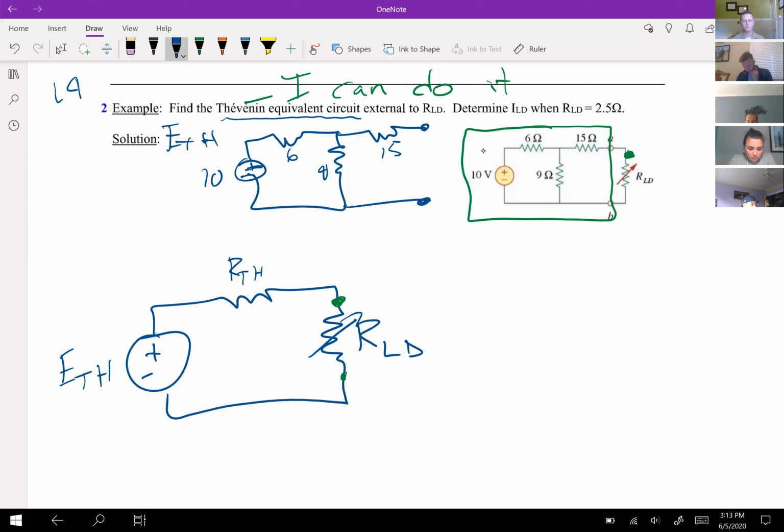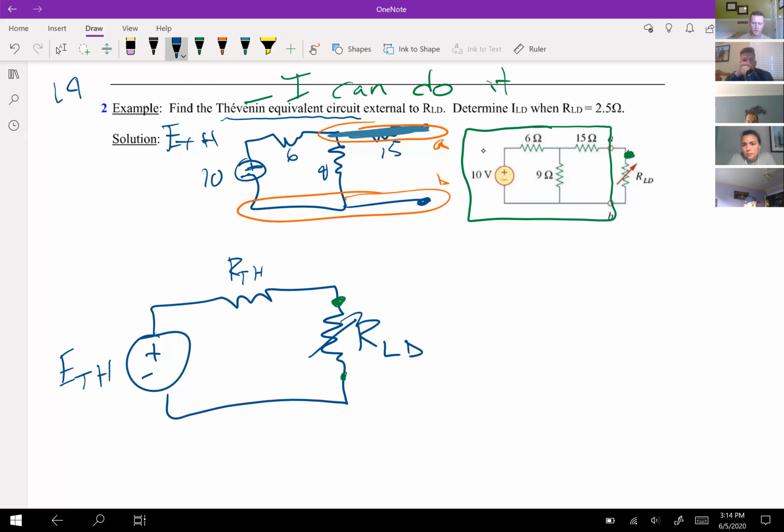Whereas if you don't redraw it, you have to remember that this 15 ohm resistor is effectively dead. It just acts like a wire. There's no current flowing through it. So if I was labeling nodes, it is a part of that node now. Nothing flows through it, so we don't include it when we look for the voltage drop across node A to node B, right? The open node voltage from there.